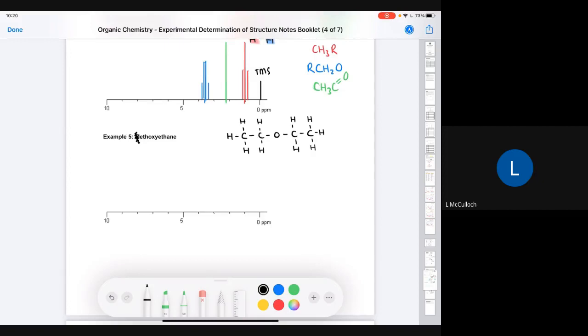Okay, so again, I'm going to give you a minute to see if you can identify the number of hydrogen environments that we have here. I'll give you a minute on that, and then I'll go over the answer, and then we'll look at drawing this spectrum.